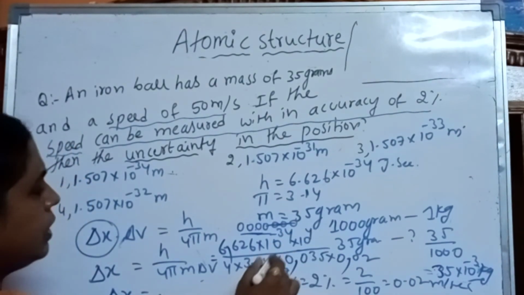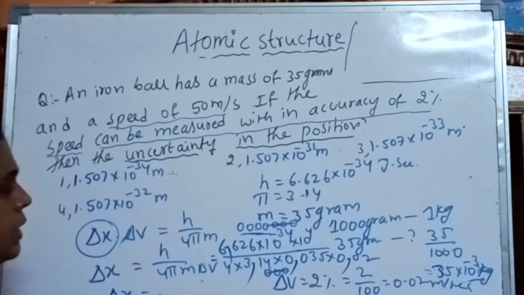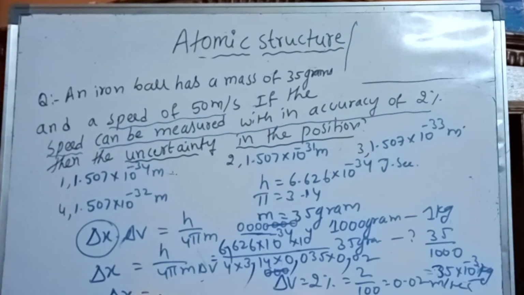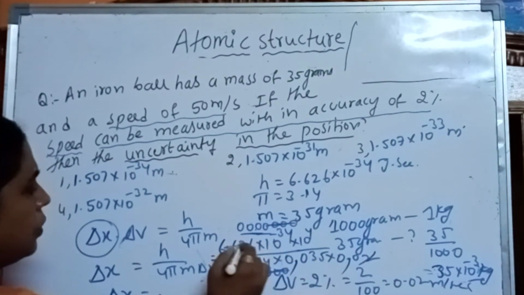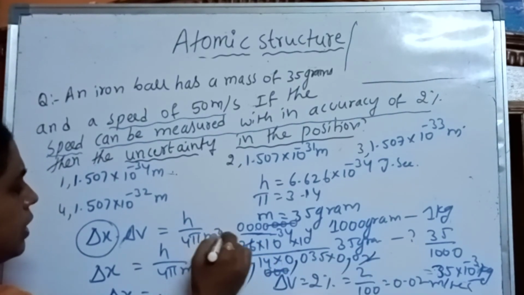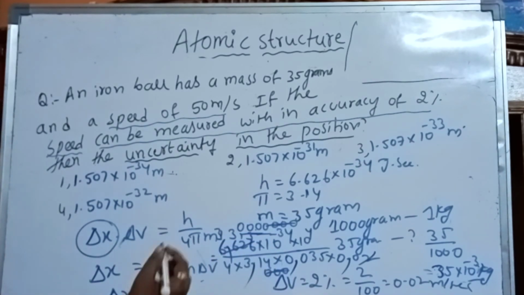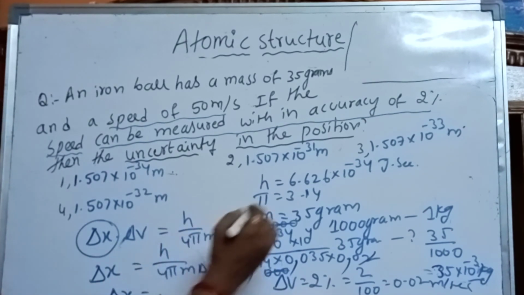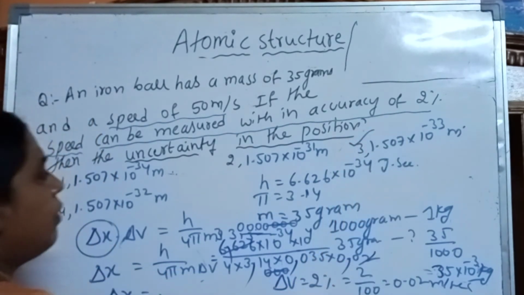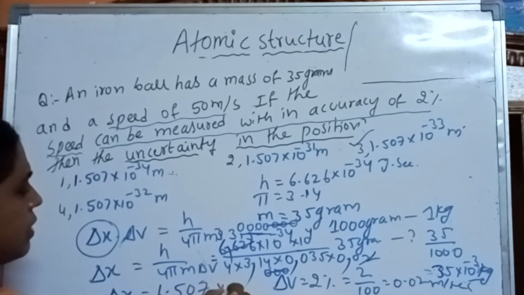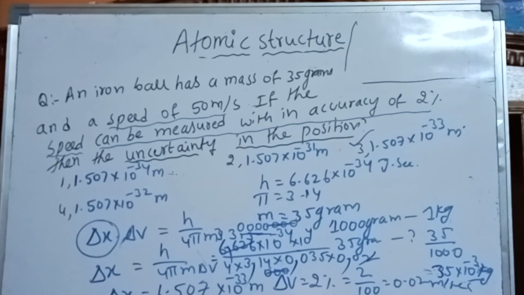So minus 34 becomes minus 30. After calculation, you will get 1.507 into 10 to the power of minus 33 meters.